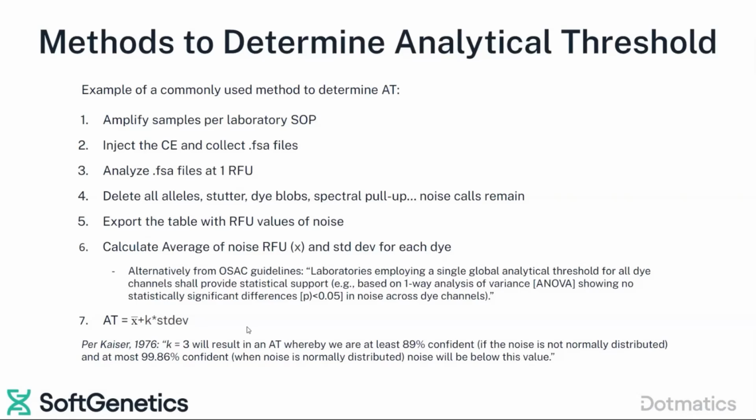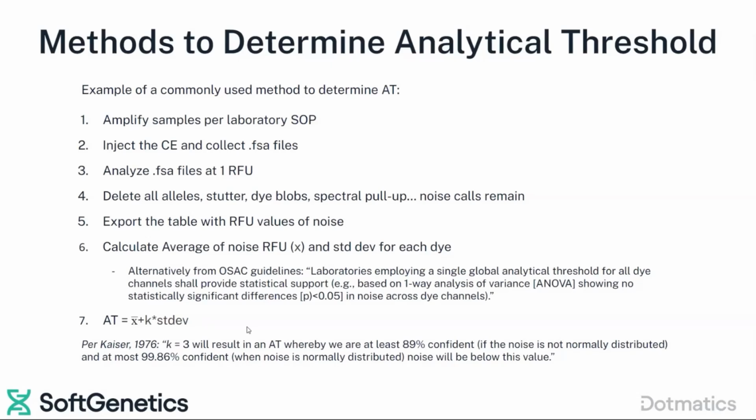Then the analyst needs to go through each sample one at a time and delete all the actual amplicons, the stutter, dye blobs, any of the known artifacts, so that only the noise calls remain.